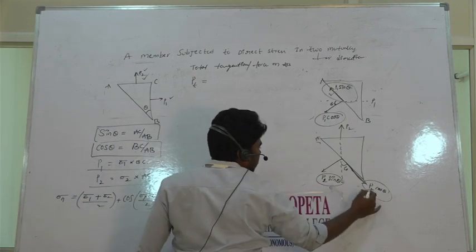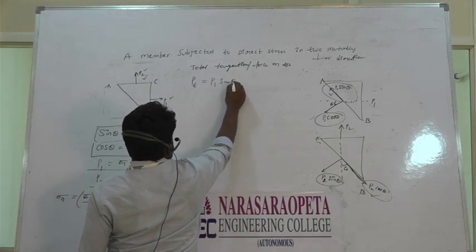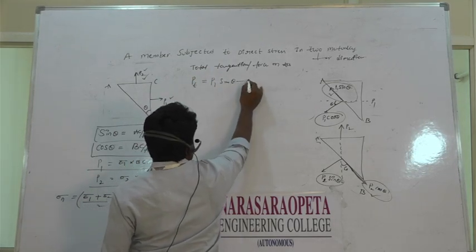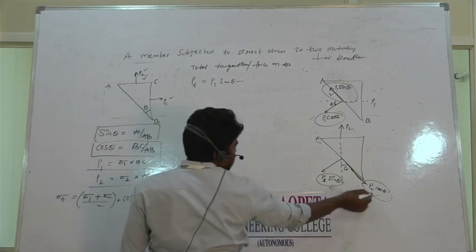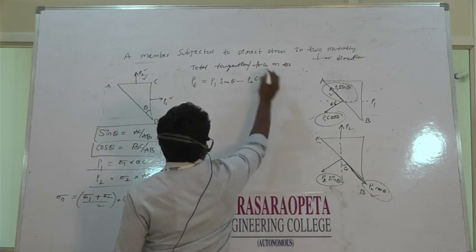So this one and this one: P1 sin theta minus, that means this is the downward component, P2 cos theta.